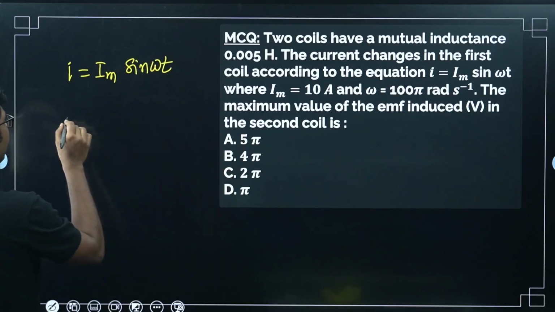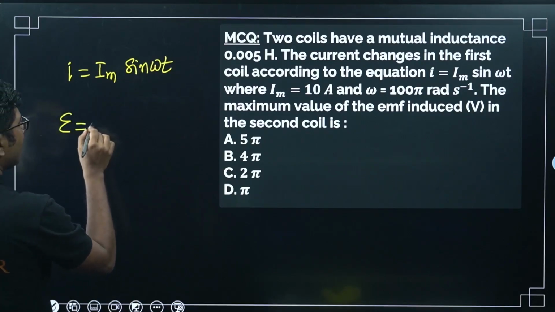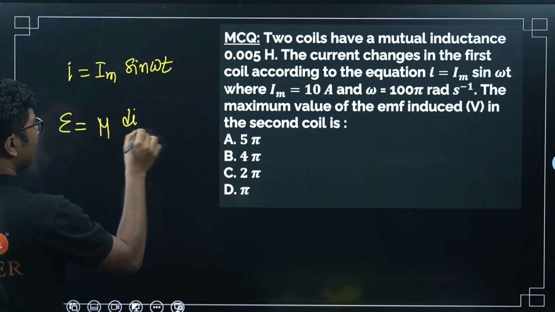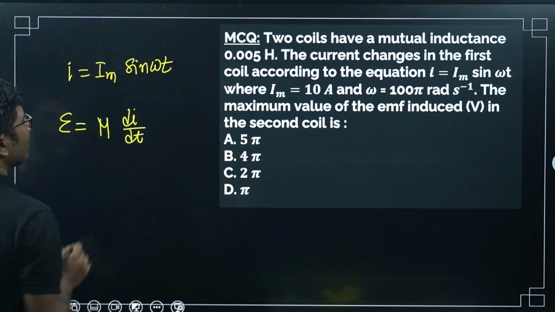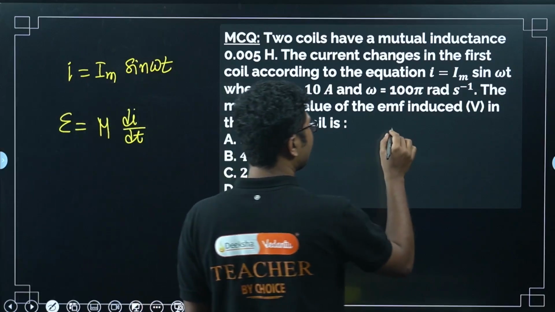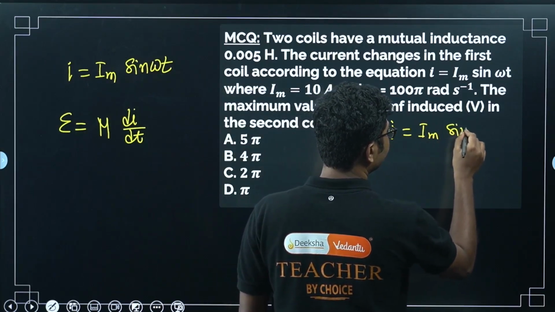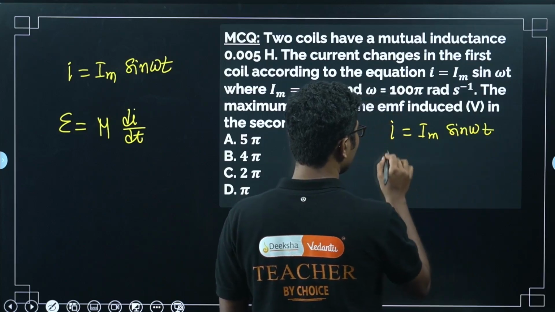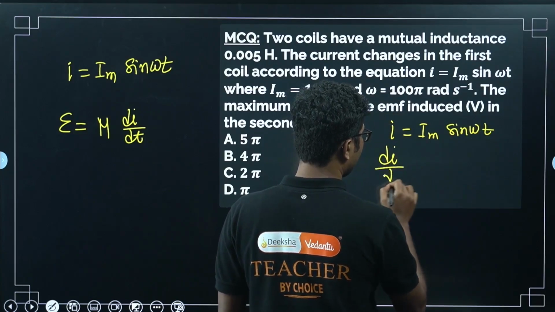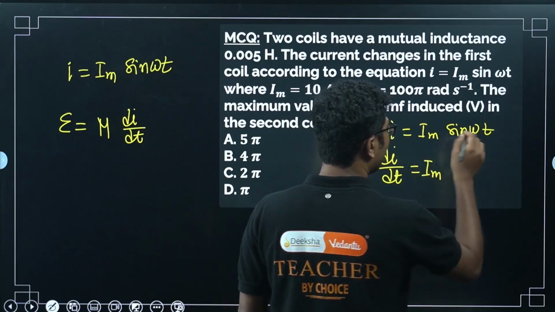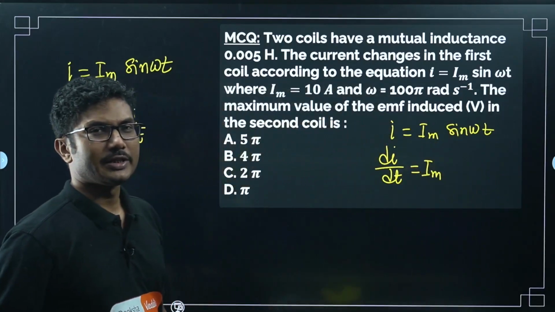Okay, now we know that induced EMF is, magnitude wise, M di by dt. So we have to calculate di by dt. I is equal to Im sin omega t. So what is di by dt? Im is constant. What is the differentiation of sin theta?